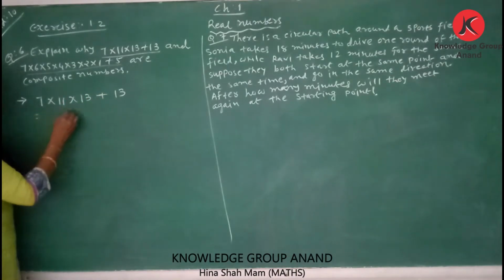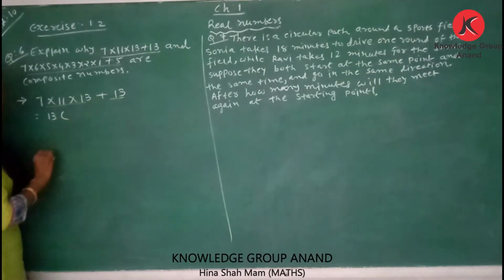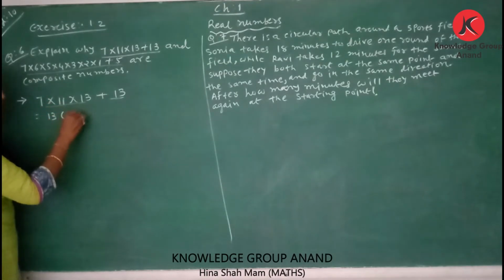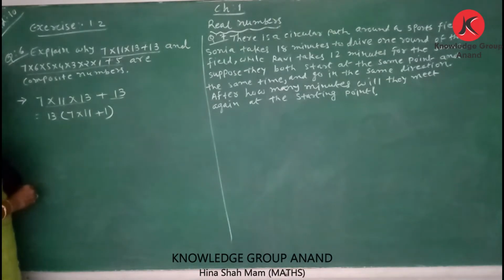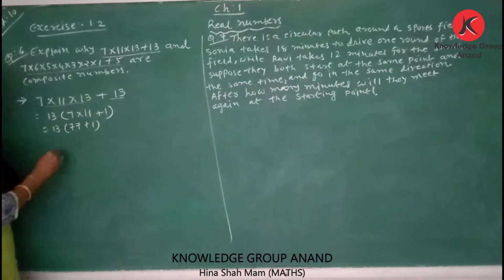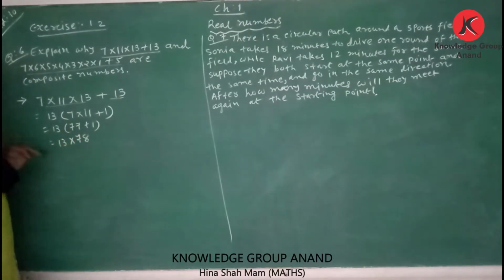Here the common number is 13, common in the first term and the second term. Taking 13 common, 7 into 11 plus 1 ones are 13. We write it like this: 13, 11 sevens are 77 plus 1, is equal to 13 into 78.